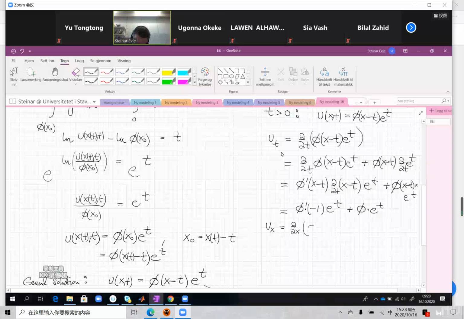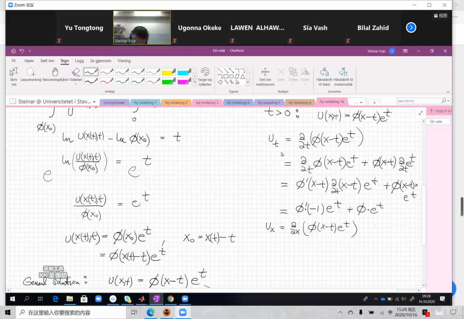The spatial derivative of phi of x minus t, times e^t. And then this is easier because the exponential function depends on t, so it goes on the outside, and we just have to take the derivative of phi of x minus t.